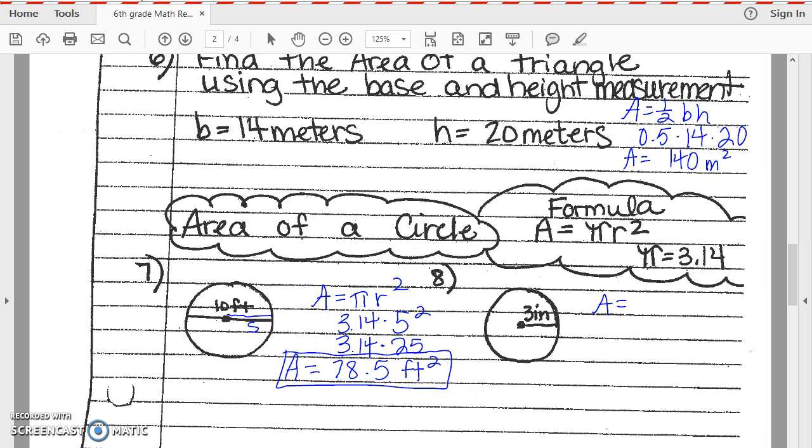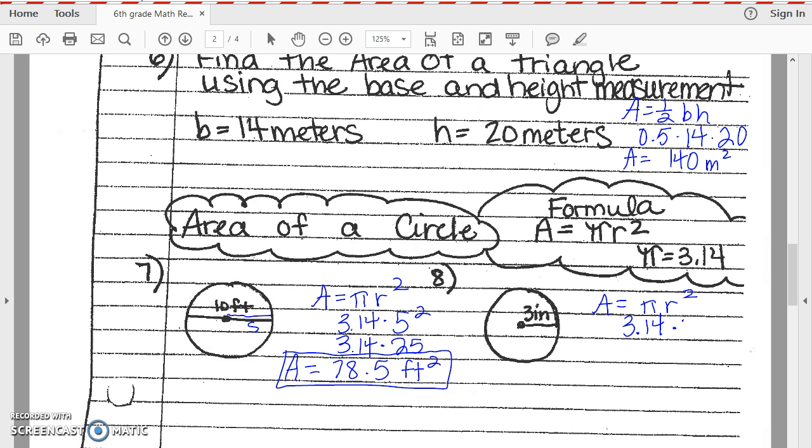A equals, say it out loud so you can start memorizing it. Pi r squared. The area of a circle is pi r squared. Okay? So once again, I'm going to drop down pi. What is pi? 3.14 times r. What is r? 3.